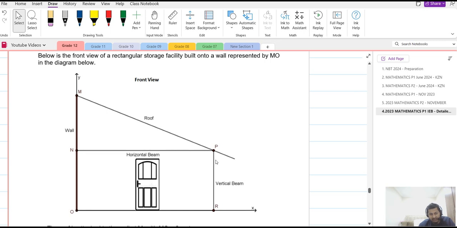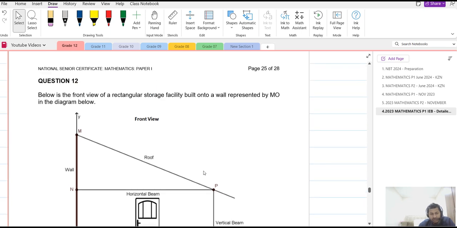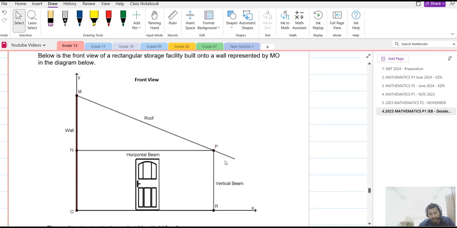Rectangular facility. That's a horizontal beam. There's a door here. That's a roof.